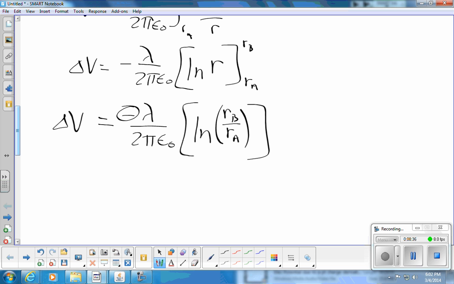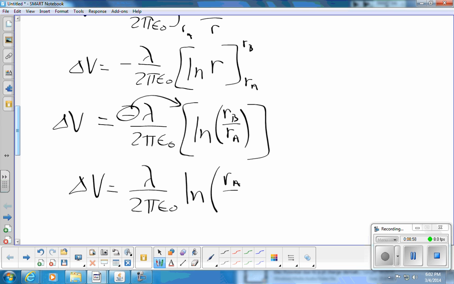This is delta V. I'm going to bring the minus sign in and distribute it, making use of the identity this time that the negative of the natural log of a quotient is the natural log of the inverse of that quotient, over 2 pi epsilon naught. So this now becomes natural log of rA over rB is equal to delta V.